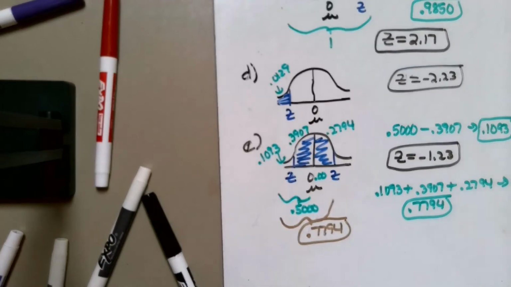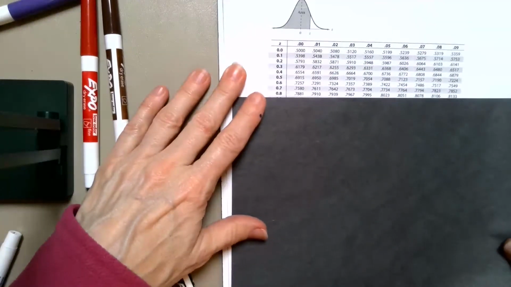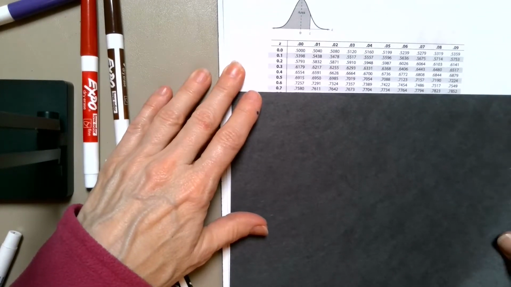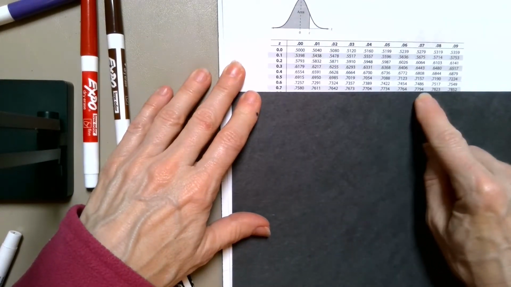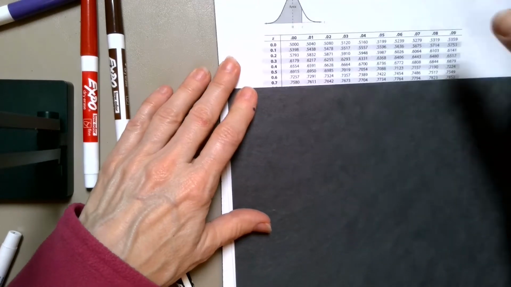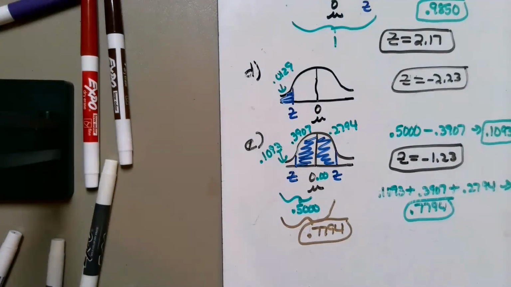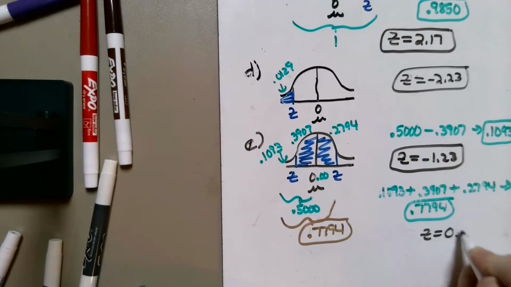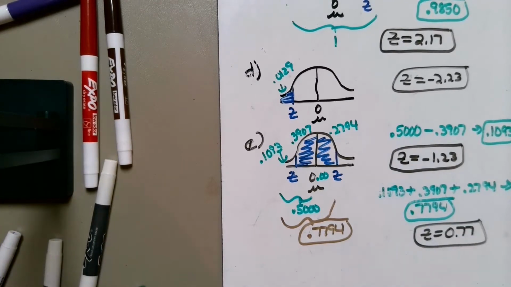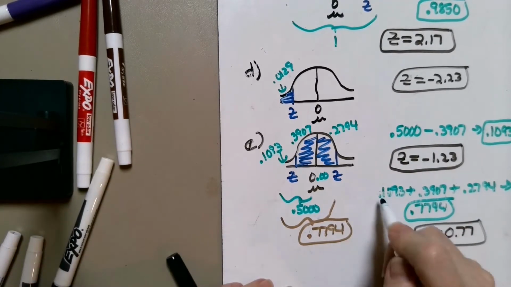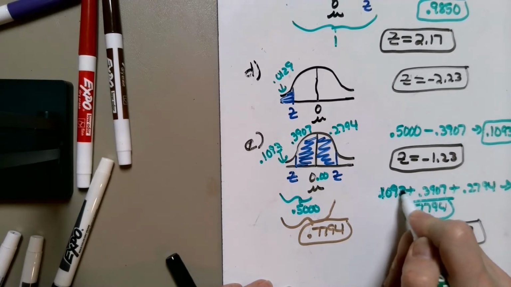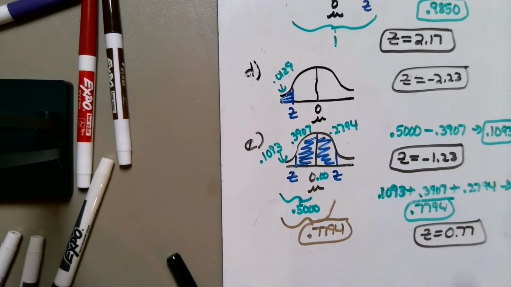So we look through the z table for 0.7794 in the progressively larger numbers, and we find it at 0.7 and 700ths, 0.7794. So z is 0.77. Sorry, I rubbed this off a little bit. Okay, so there's my other answer for the other z-score.